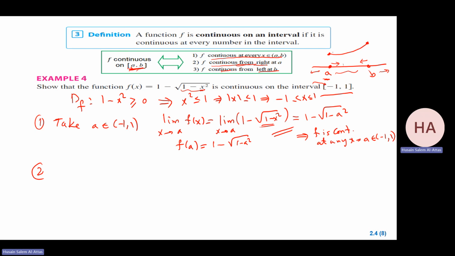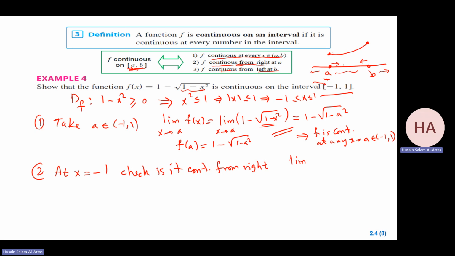Now, to check the endpoints, for -1, I need to check it only from the right. At x equal -1, check if it is continuous from right only, not from left, because the left is not defined.